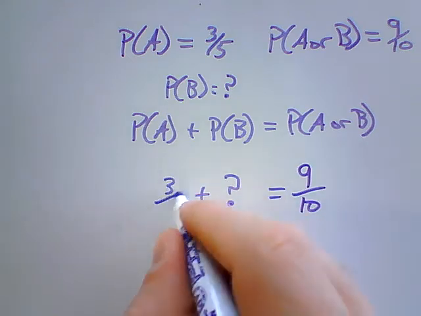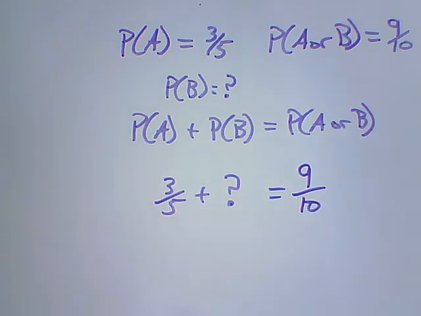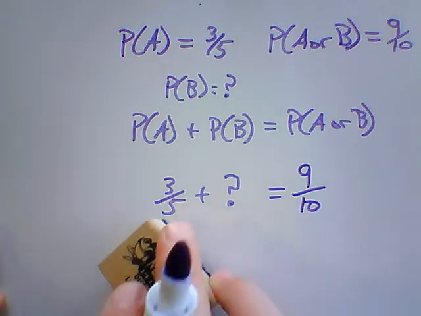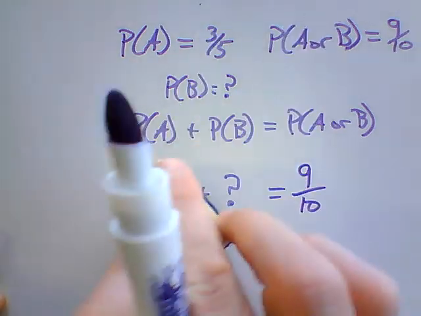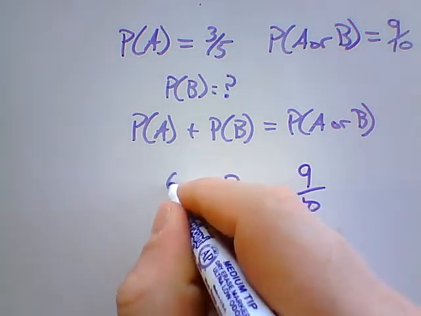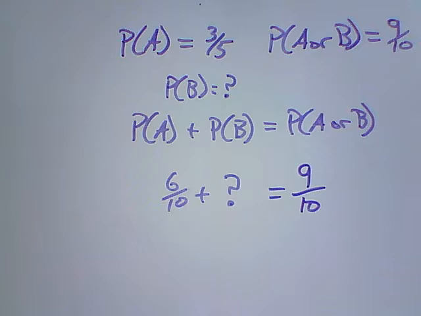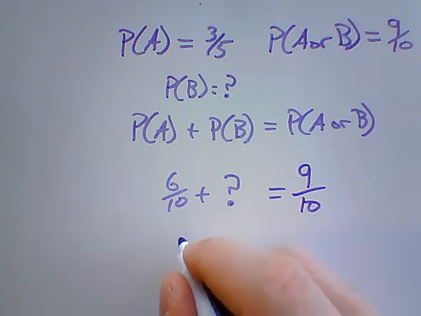The probability of A is 3/5. I know I'm going to have fractions. I know I'm going to be adding and subtracting. Might as well get common denominators while I can. 3/5, we just saw from the last one, that's 6/10. So 6/10 plus what would get me to 9/10?